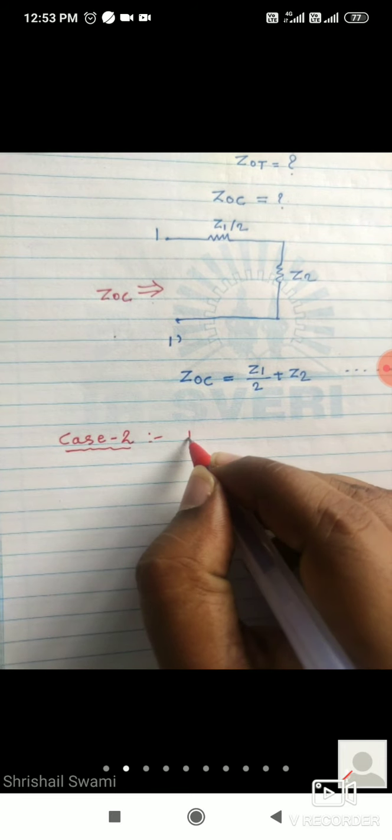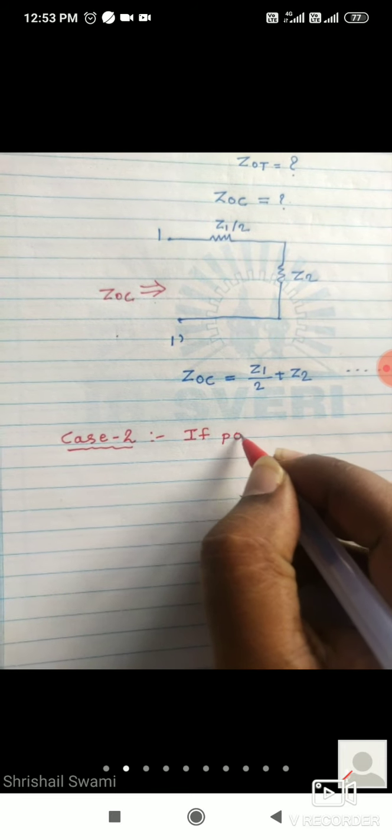Now second case, case number 2. If port 2 dash is short circuited, what will be the ZSC now?